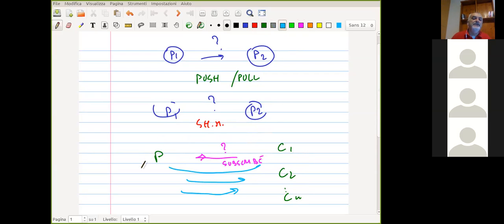Suppose that P is the classical loop that generates data.